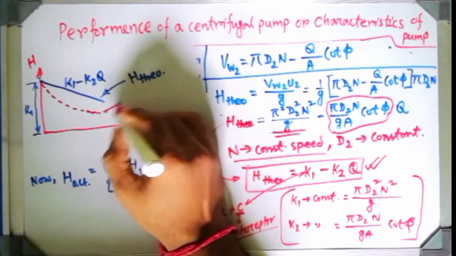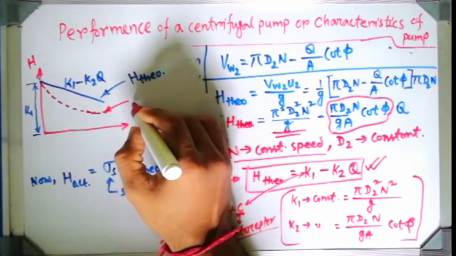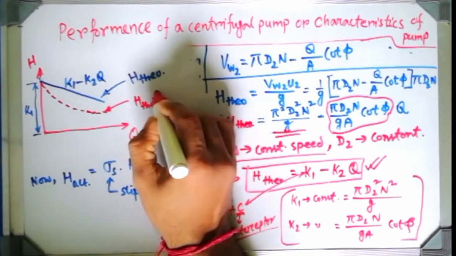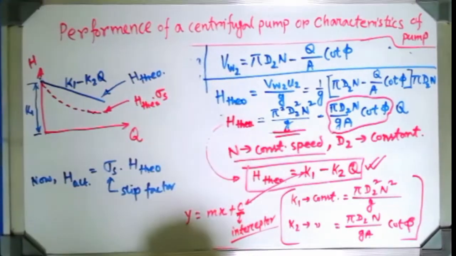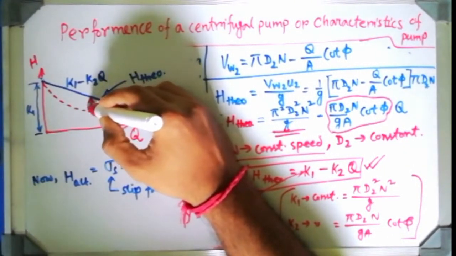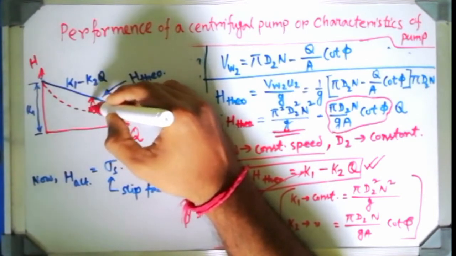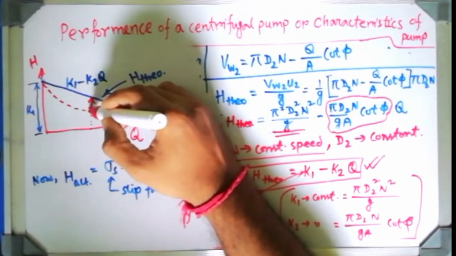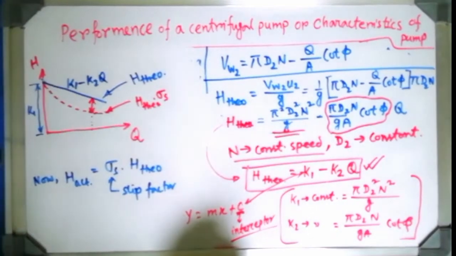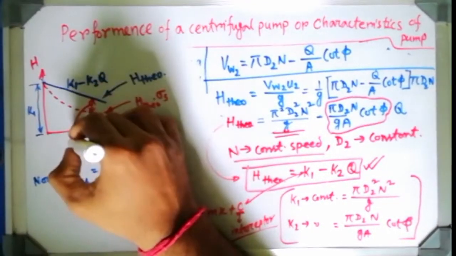And this curve is showing the actual one, H theoretical times sigma. And if you want to find, for a particular discharge, the difference between these two head curves, what will that difference show you?